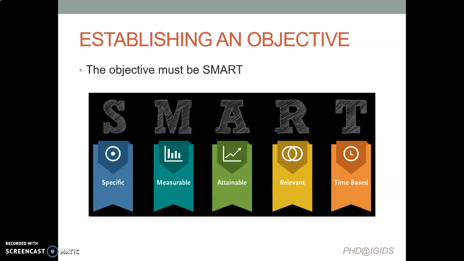It is measurable because definitely you can measure caries. It is achievable, not something unrealistic. It is relevant because caries is a common public health problem in many communities, and there has to be a time frame. So you need a time frame to complete the study. Maybe in the next 1 month, I'll be assessing the prevalence of dental caries among 12-year-old school children. So this is what is called a SMART objective.